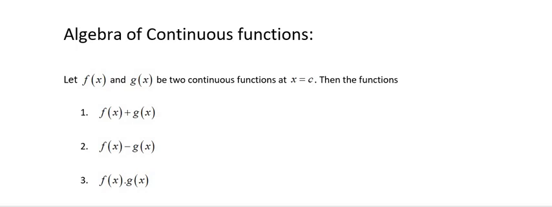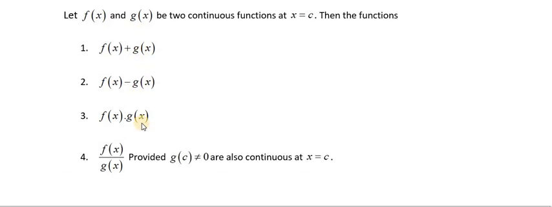Then the functions f of x plus g of x, that is the sum of these continuous functions, and f of x minus g of x, that is subtraction of these two continuous functions, and f of x into g of x, means product of these two continuous functions, and also quotient of these continuous functions are also continuous at x equal to c.